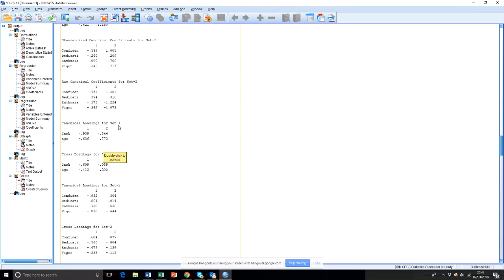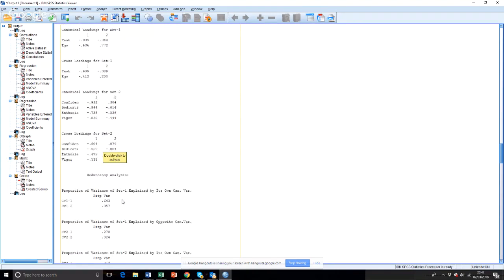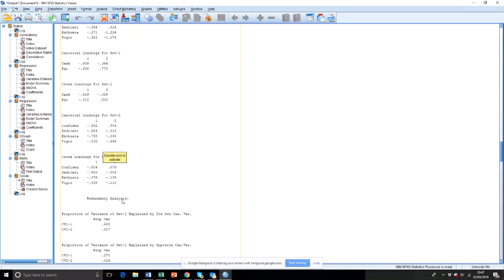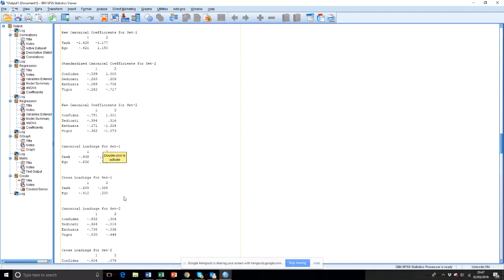Because remember, high ego, positive ego, low levels of enthusiasm and vigor. And that's really interesting because, as I say, once this variance has been taken away from the model, what we're left with now is essentially pure ego, pure task. And it looks like pure ego orientation is associated with lower levels of enthusiasm and vigor. So that's an interesting supplementary finding. But anyway, guys, that's canonical correlation. That's how it's run, and that's some of the interpretation of the output.